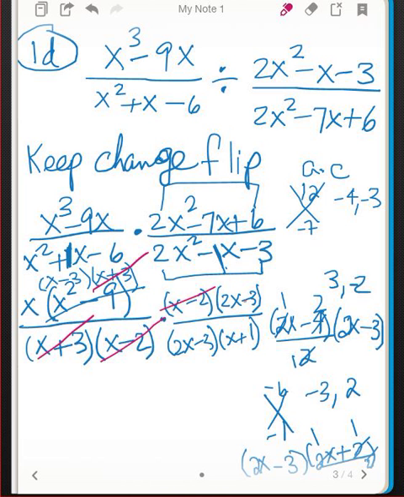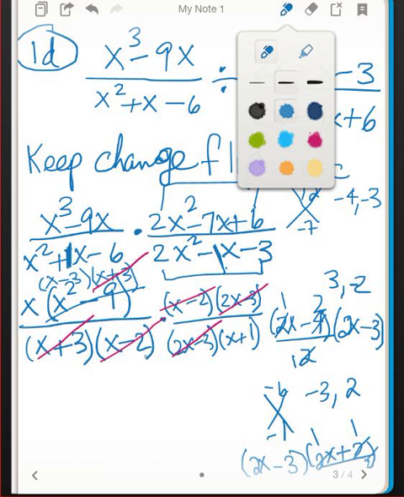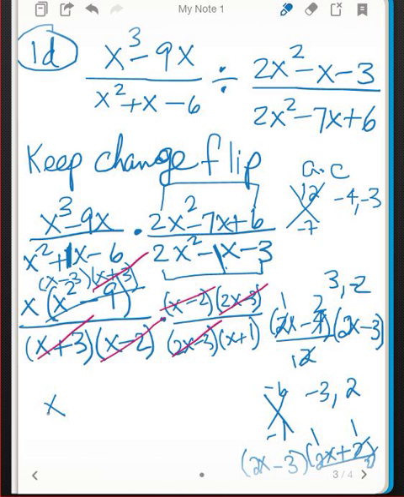We have a 2x minus 3 on top and a 2x minus 3 on the bottom. So we're left with an x minus 3. That's all that's on the top, and then on the bottom we have an x plus 1. So that's our answer.